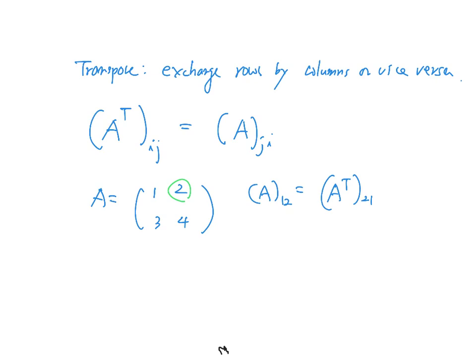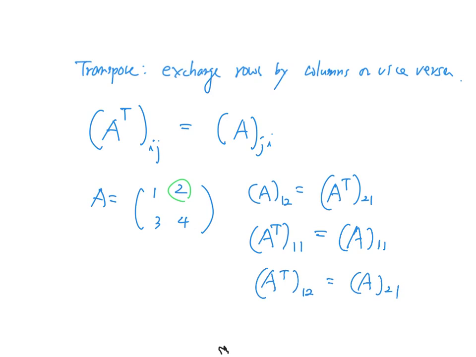And A transpose 1, 1: if you interchange row and column, it's the same as this. A transpose 1, 2 is A 2, 1. And A transpose 2, 2 is A 2, 2.